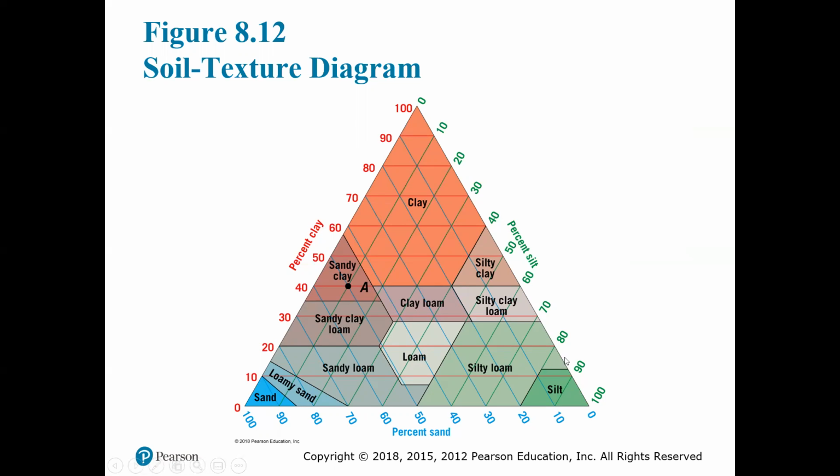And these loam soils are the best to grow plant life in. They hold moisture and nutrients better than the clay soils or sand or silt on their own. So this sandy loam, silty loam, sandy clay loam, silty clay loam, these are good agricultural soils.